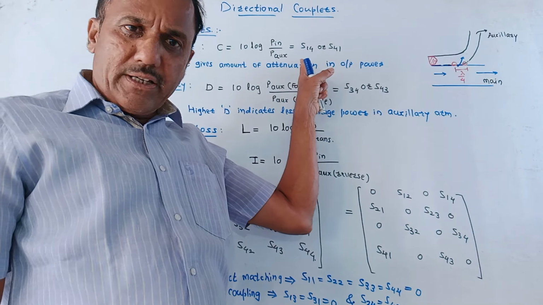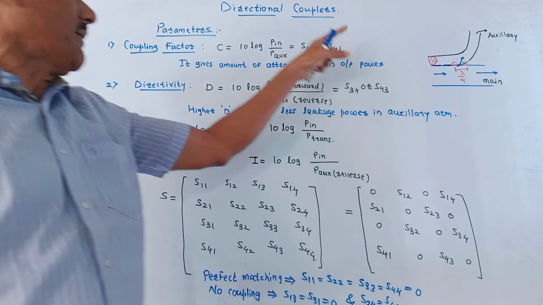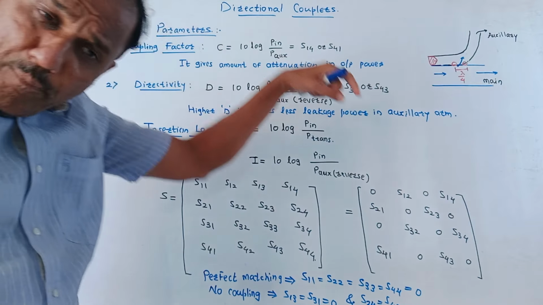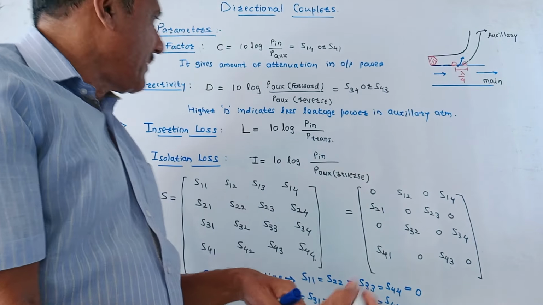In terms of S parameter, it is S14 or S41. This parameter, coupling factor, gives amount of attenuation in the output power.